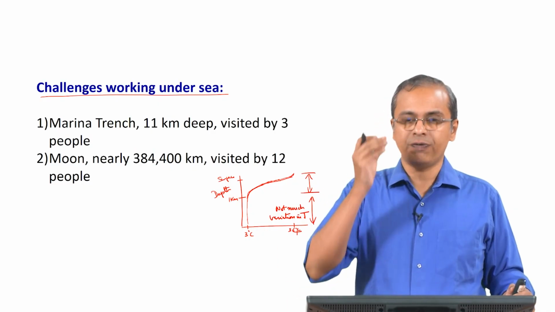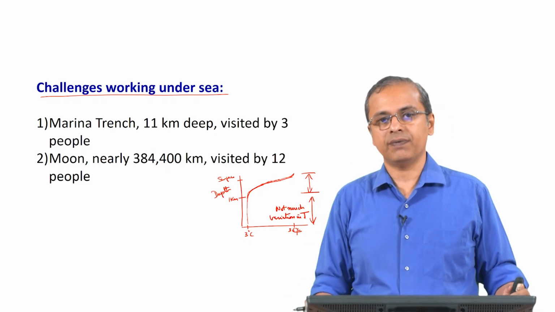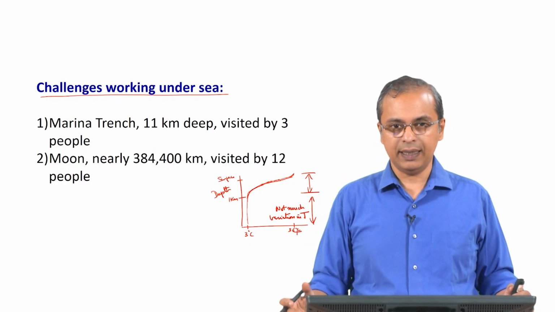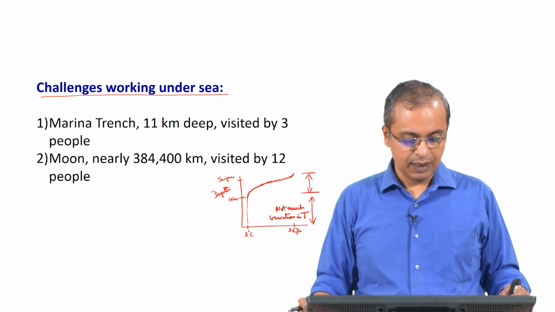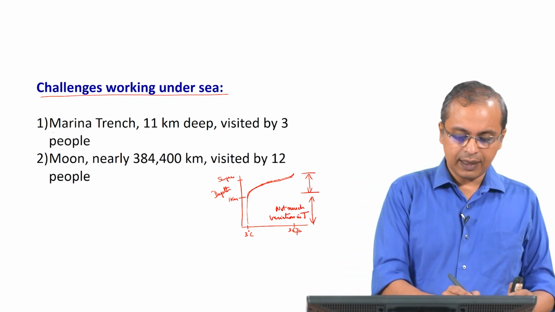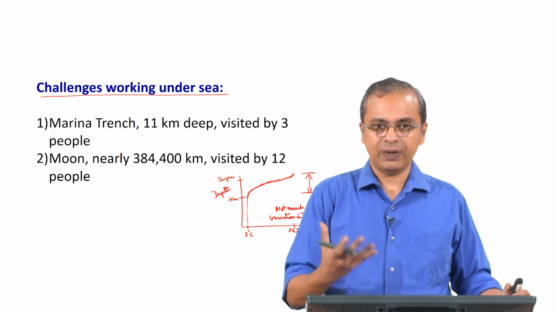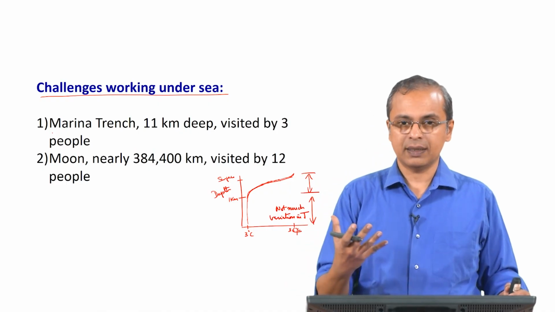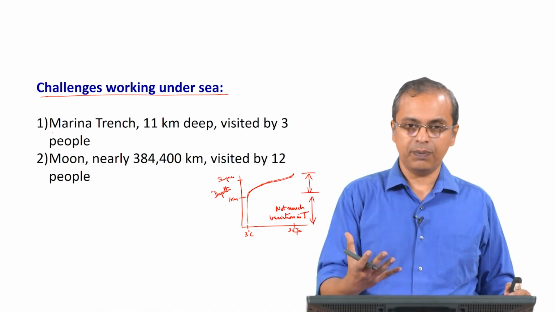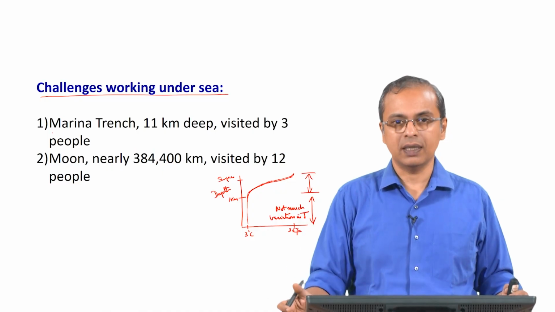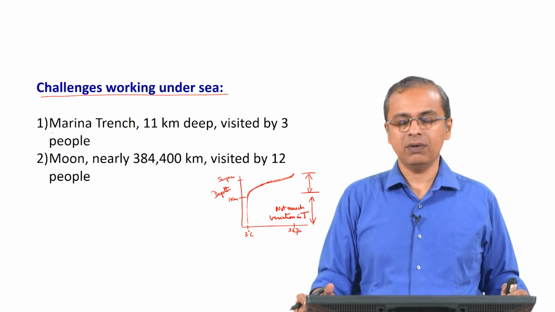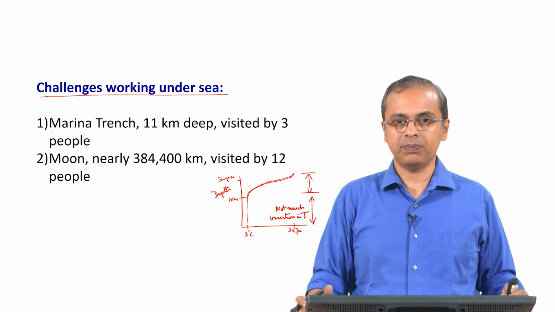So, just to give you an idea of how complicated it gets working with sea water, especially water that is deep in the sea: people have explored the bottom of the seabed across the earth. Some kind of mapping has been done to understand at what depth you have the seabed.